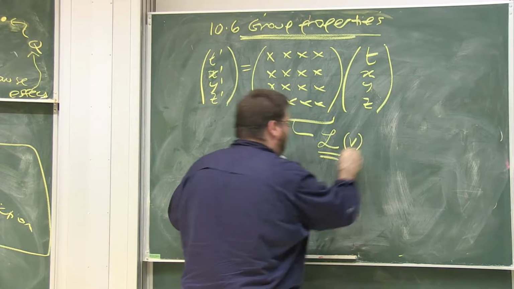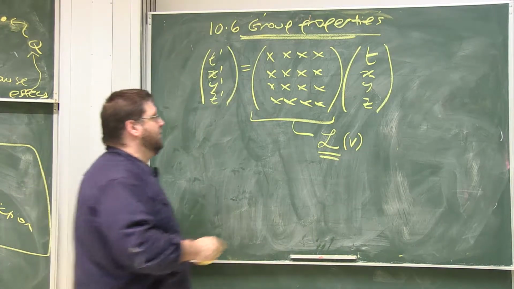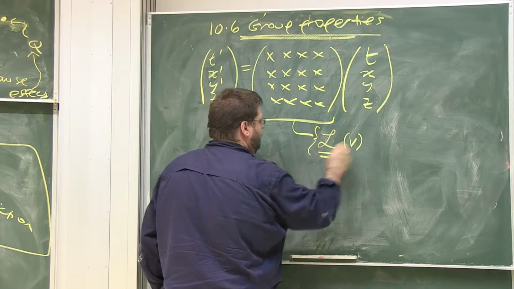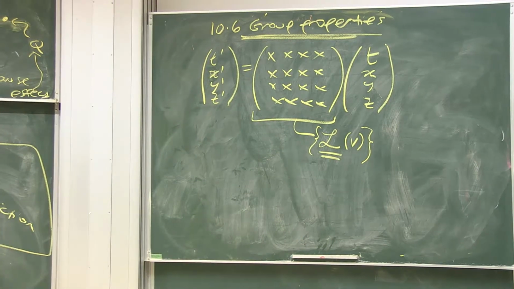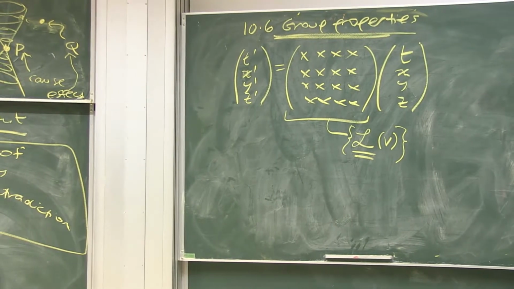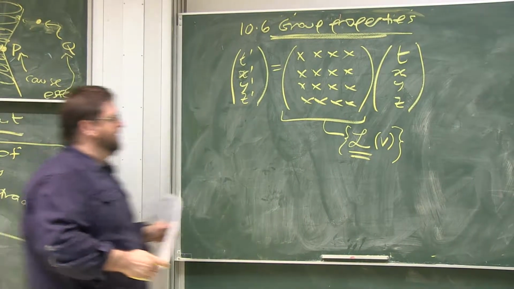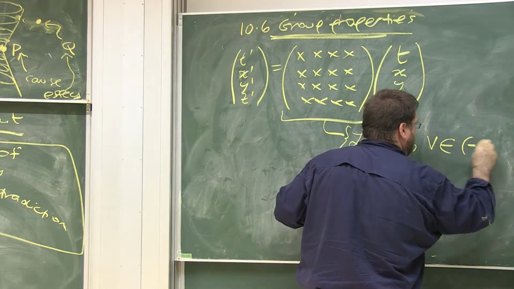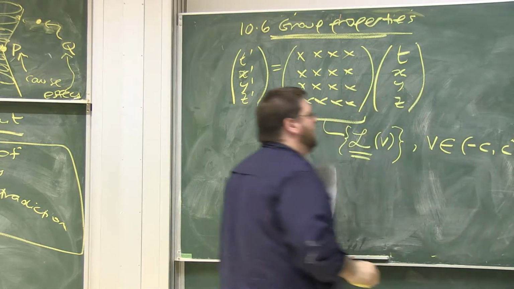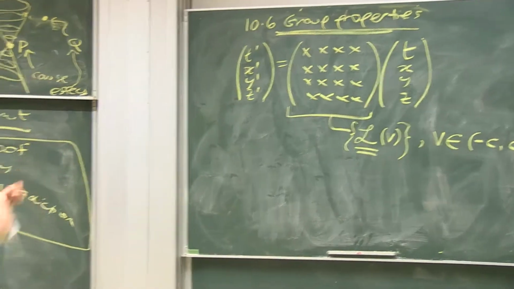And this is actually a set of matrices coordinatized by the boost velocities v, which can lie anywhere between, but not including, negative c and c. So this is a set of matrices where v is the boost velocity between minus c and c, with the endpoints excluded.